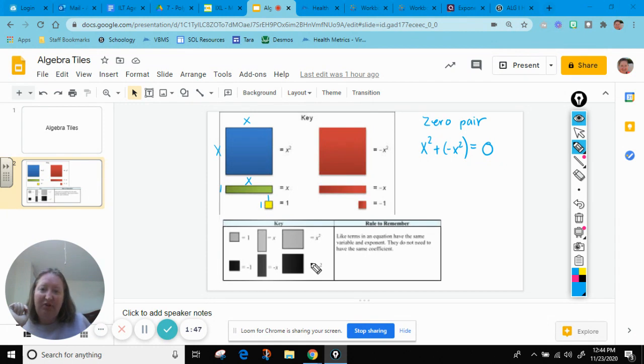Then I wanted to show you this because sometimes you won't see them in color. It'll be on the screen just in black and white, and then you should just look at the key. They always use a large square shape to be an x squared, a small square shape to be a 1, and a bar shape to be x.